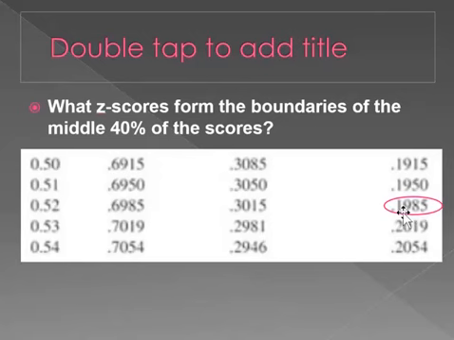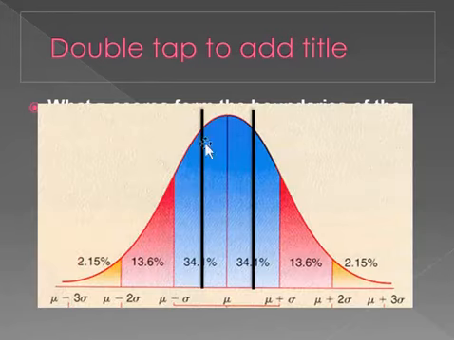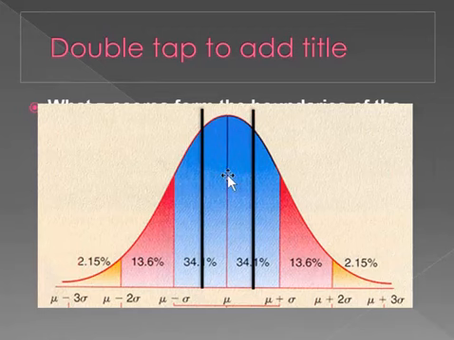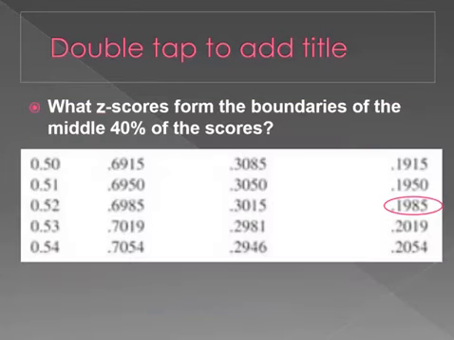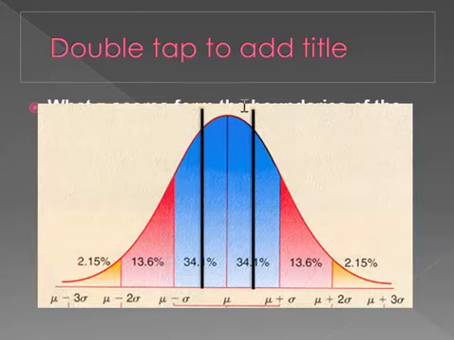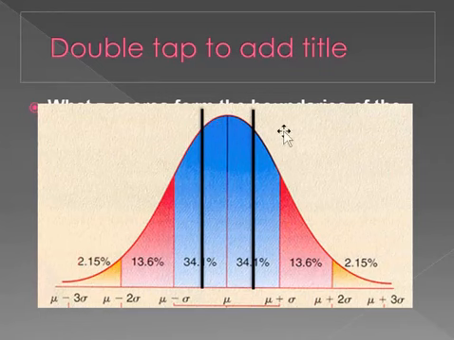That's 0.1985. And if I then find the z-score associated with that, that's 0.52. So the z-score between the mean and the closest value to 0.2000 without going over, we established, is plus 0.52. Well, now the other question is, because I'm looking for the middle 40%, that's only giving me 20%. It's giving me the mean to 20% for a positive z-score.